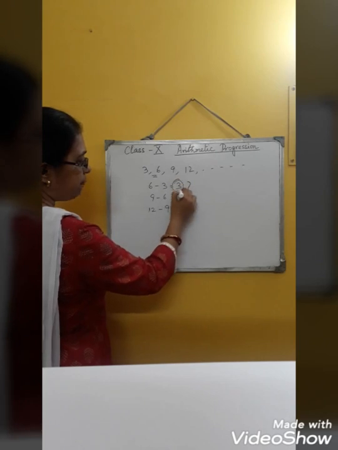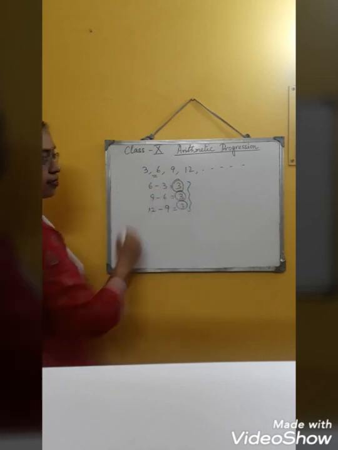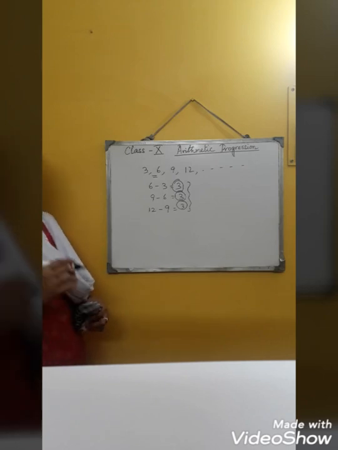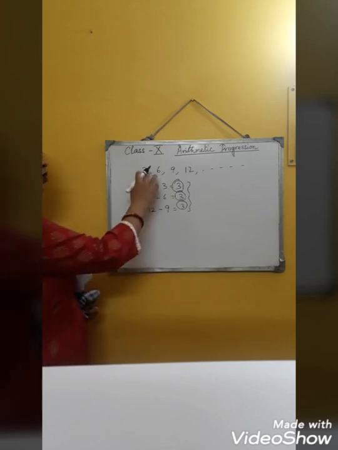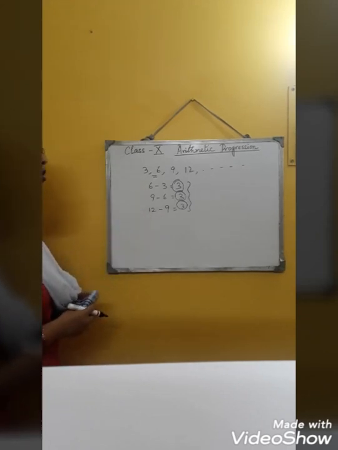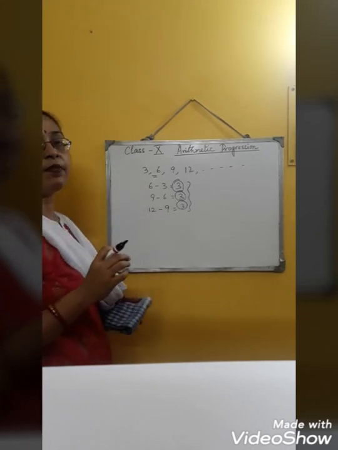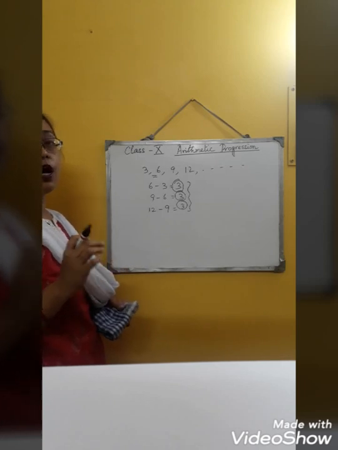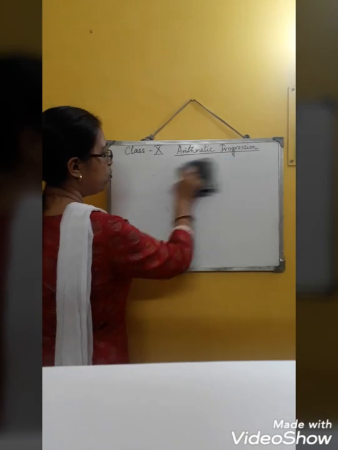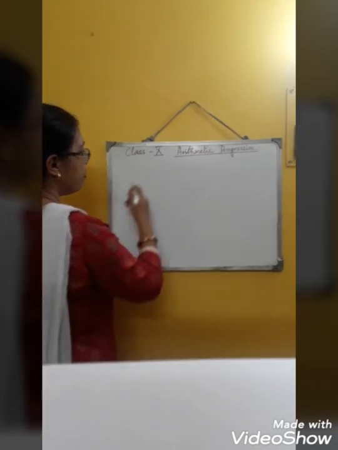So you can see the gapping is the same in every case. That type of series is known as arithmetic progression, where the difference is the same. It has got a special name, and that name is common difference. So we come across a new word, that is common difference.